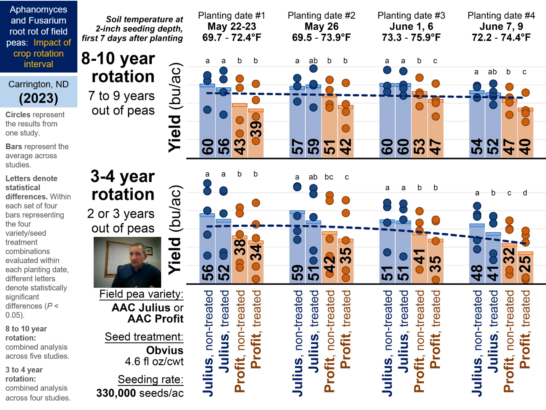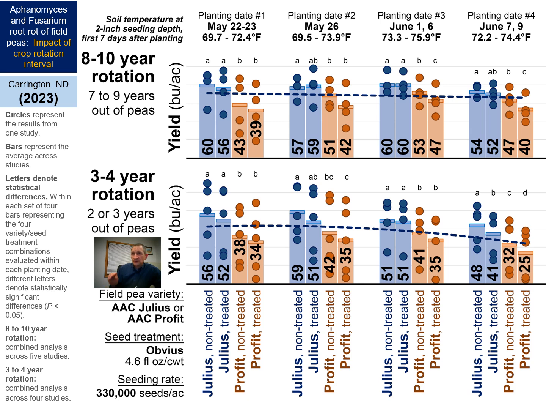It's a little bit lower with the 3 to 4 year rotation, but with the tolerant variety the difference is small. This is similar to what we saw in 2023. If you're on that tighter crop rotation interval, it becomes really important to select the more tolerant variety. Notice that the yield penalty associated with planting the susceptible variety, Profit, is much higher in the tight crop rotation than the wide crop rotation.